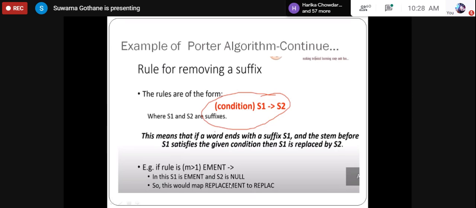We remove those letters and obtain the root. This is one of the rules for removing a suffix. If the rule is satisfied, we represent it with a null, so those elements are not considered.